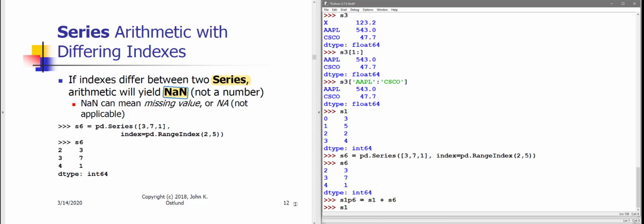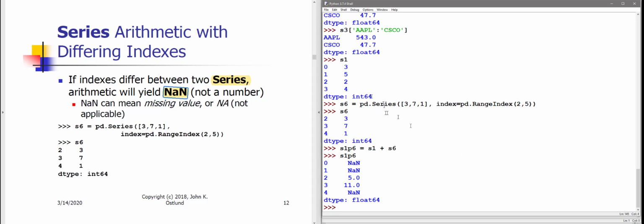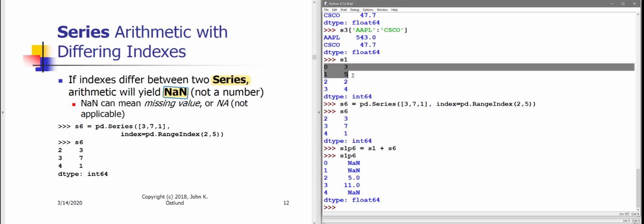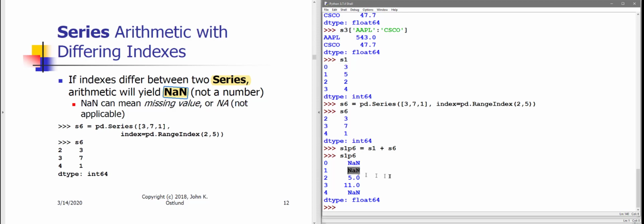And so if we look at S1P6, we see that S1 has these two indexes, 0 and 1. Those indexes don't exist in S6, so my sum produced not a number in the resulting series for indexes 0 and 1.